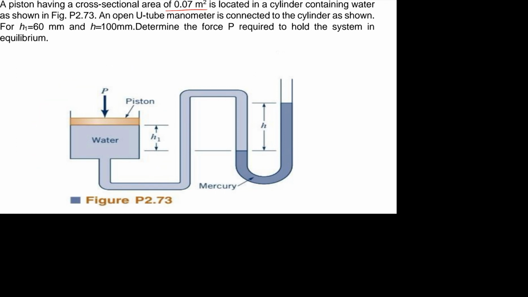For H1, which is height number 1, being 60 millimeters, and the other height to be 100 millimeters, we have been asked to determine the force P required to hold the system in equilibrium.